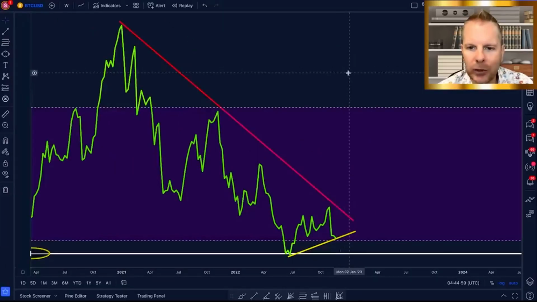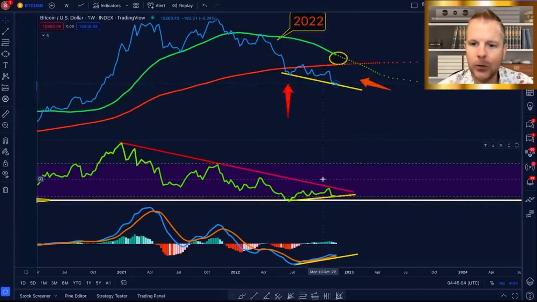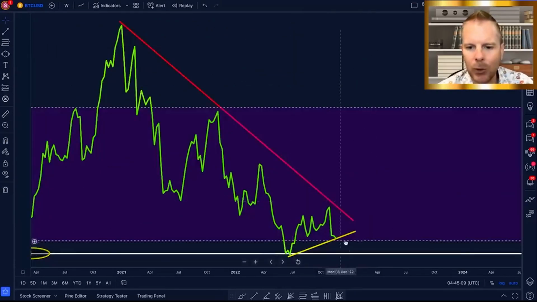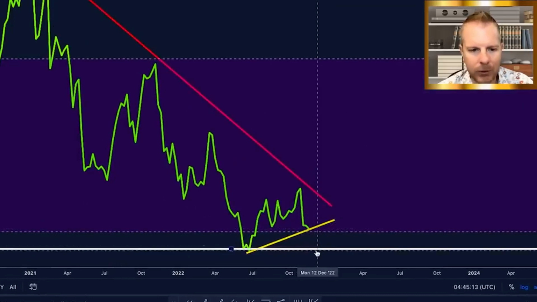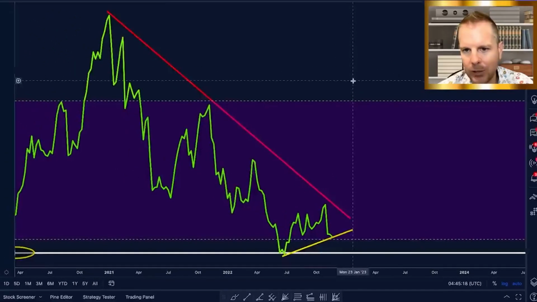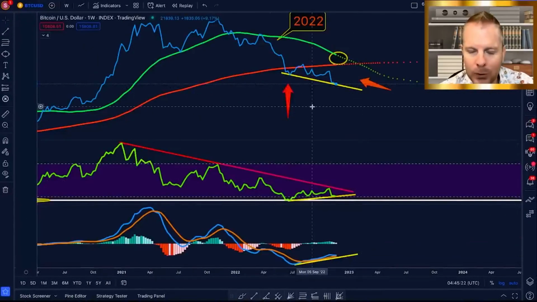We do not officially have bullish divergence yet. It's in the making. It looks good at the moment. We have not closed. We still have time. Okay, so what you want to look at is where did this RSI close? If it closed below 26, we're not going to have bullish divergence and it'll be null and void. That's what I want you to watch for.